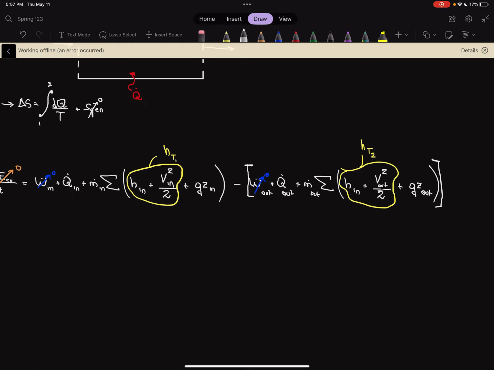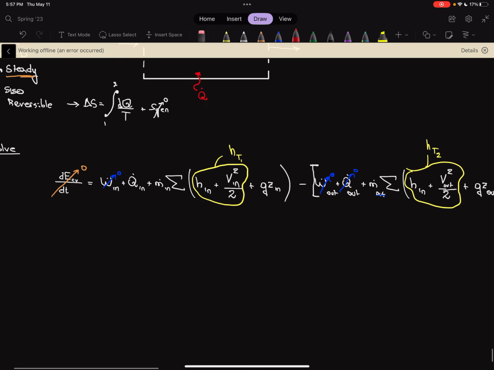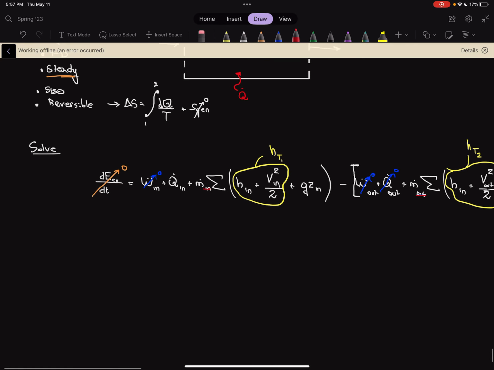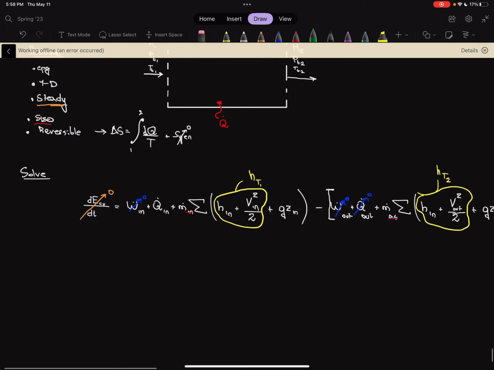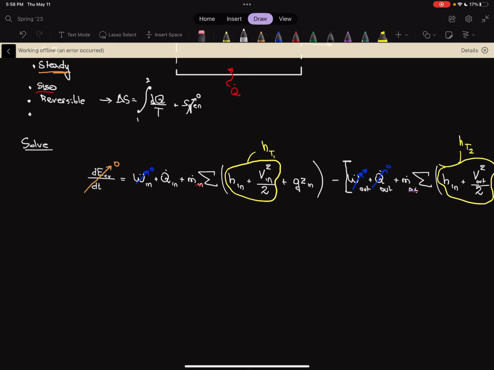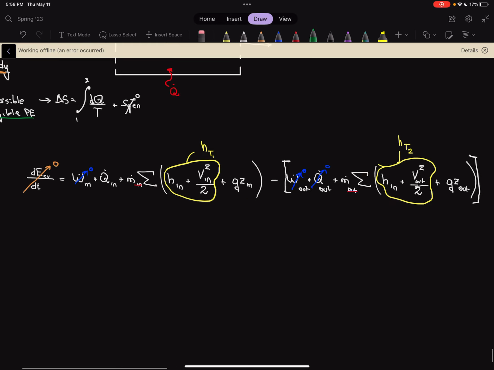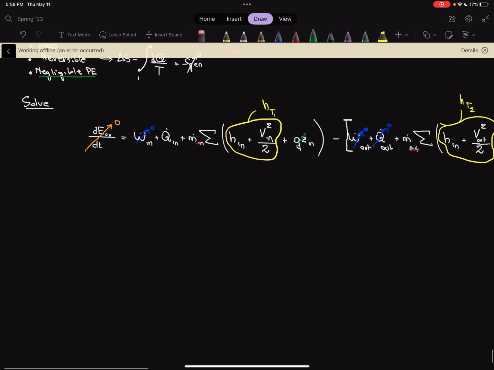So there's no Q out, and this is going to be the same for both. That comes from CISO, so let me use a different color. And then we're assuming negligible potential energy effects, so I'll add that: negligible PE, potential energy. I'm going to underline that in green, and that's going to be this term and this term.